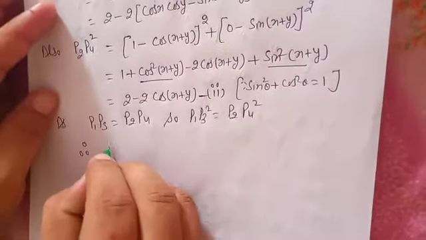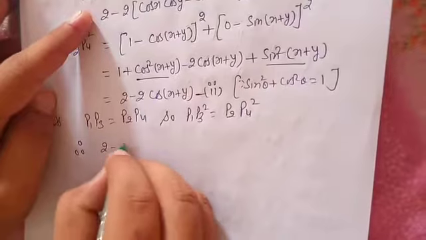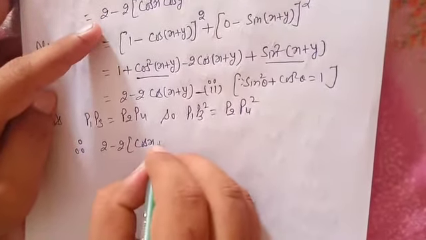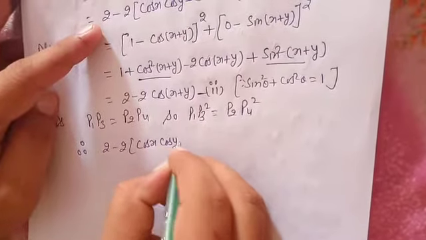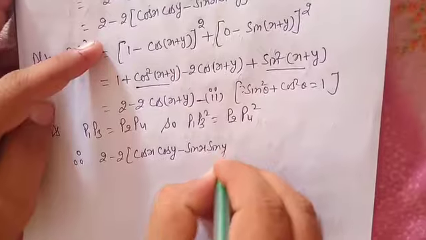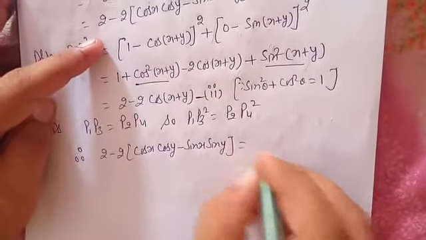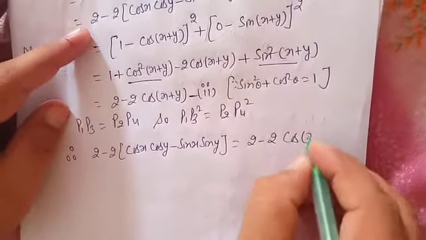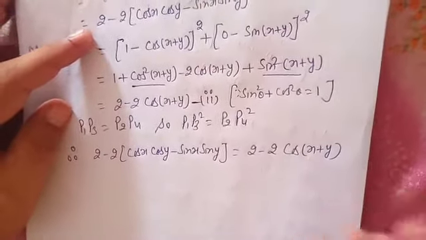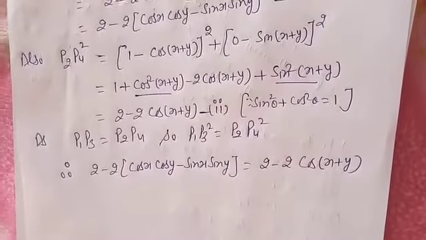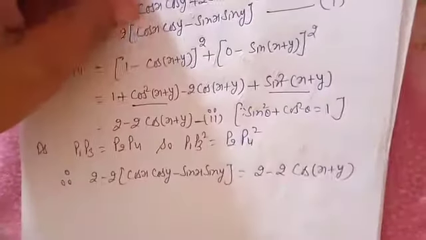So therefore 2 minus 2 times cos of x cos of y minus sine of x sine of y is equal to 2 minus 2 cos of x plus y. In the next step, in a simple way, subtract 2 from both sides.